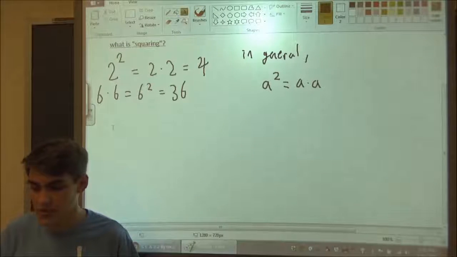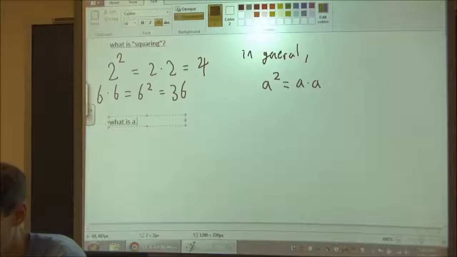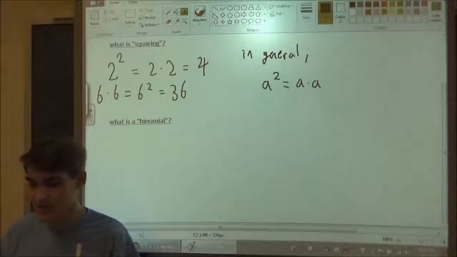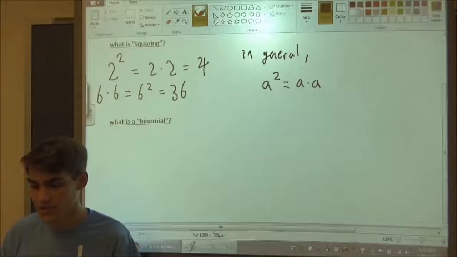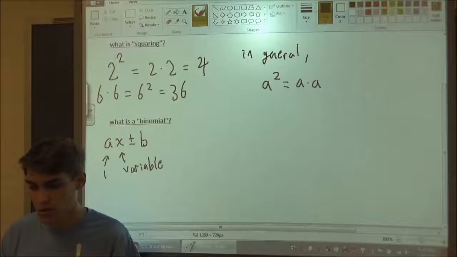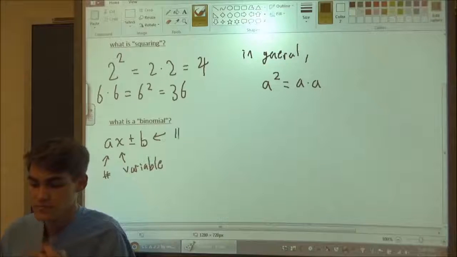The second part of squaring binomials, just quickly, is what is a binomial? This is about as easy as the definition of squaring. All that it means is something of this form, where you have a variable and then a number in front of that variable, and then some sort of sum or difference, and then just another number on the other side of the sum or difference.